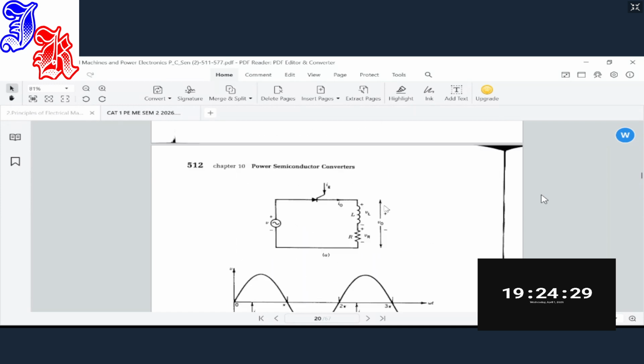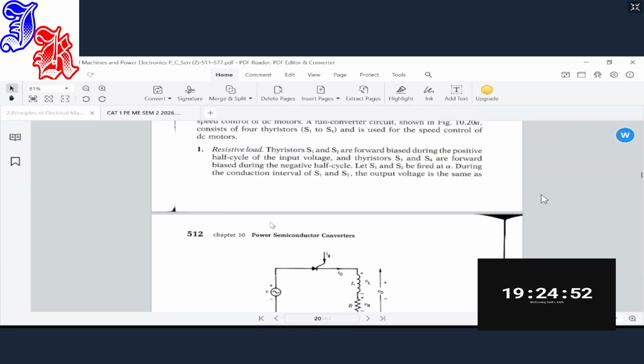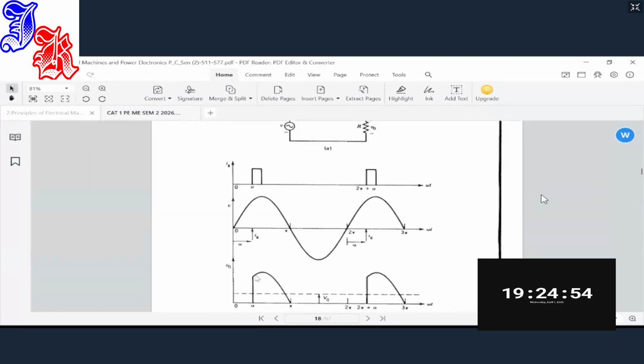So that is whenever we have an inductive load. You can also be told to compare or give the waveform diagrams for a purely resistive load and another one that is reactive. This is what will be different from what we had here.